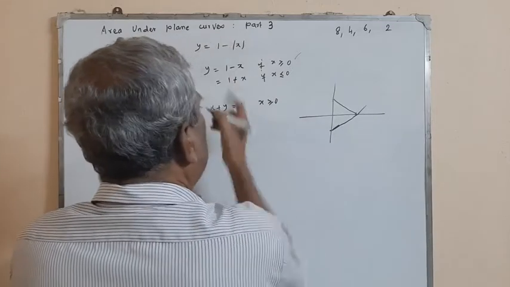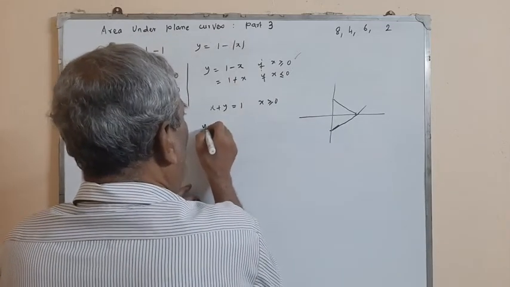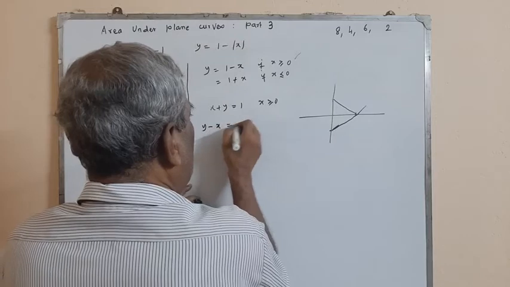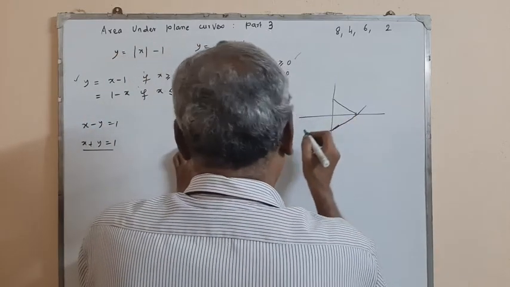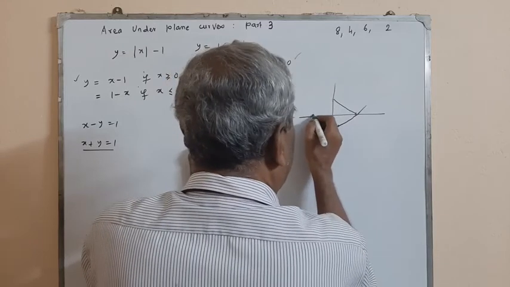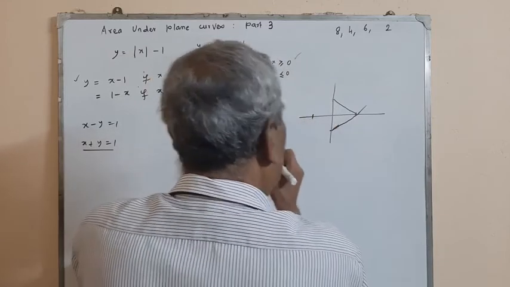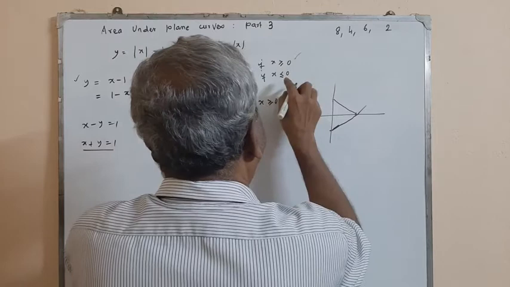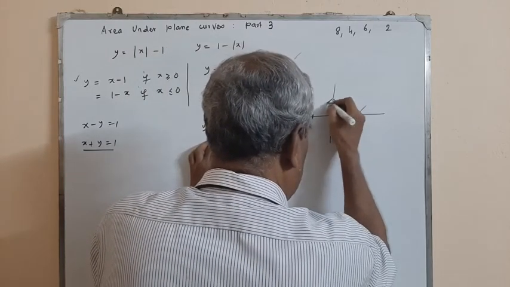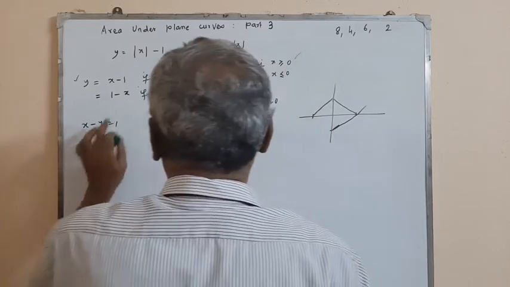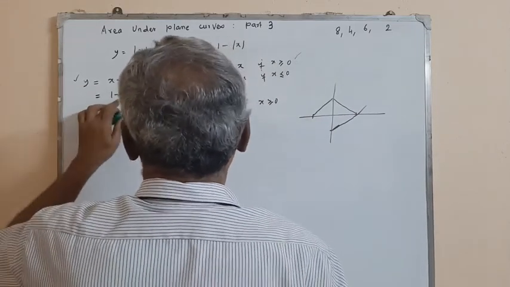And this one is y minus x is equal to 1, that is y by 1, x by minus 1, when x is negative, along that side.